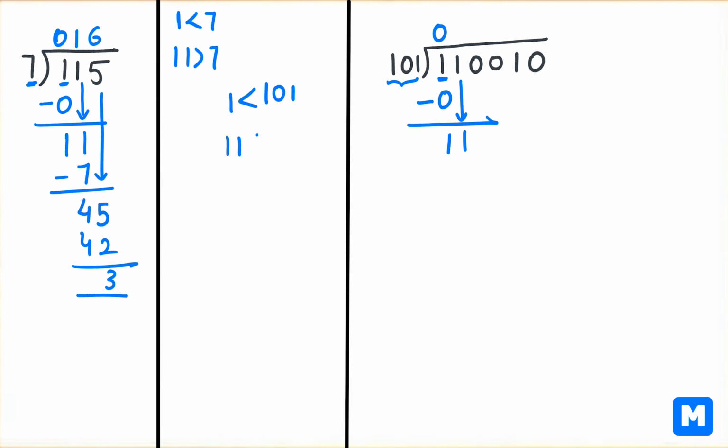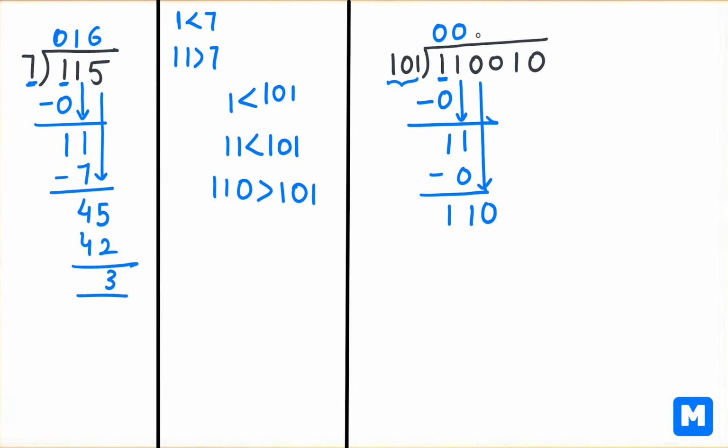Again we compare and find 11 is less than 101. So we again write down 0 here, and 101 times 0 is 0. Again 0 subtracted from 1 remains 1. Now this 0 comes into action. Here 110 is greater than 101.